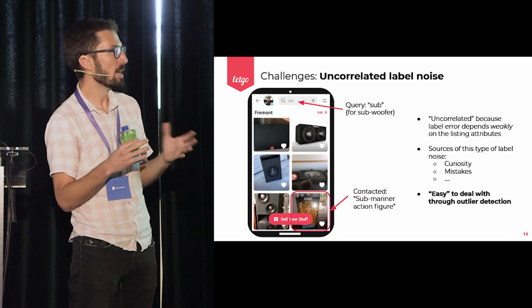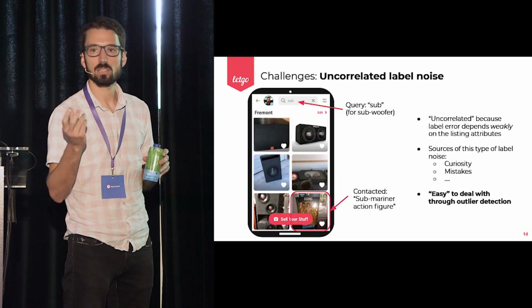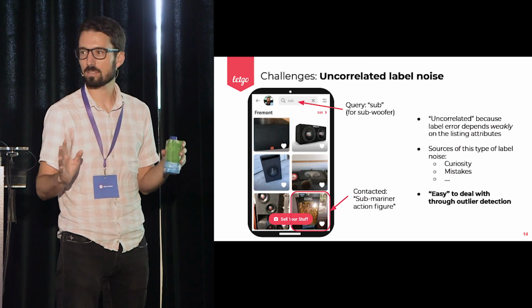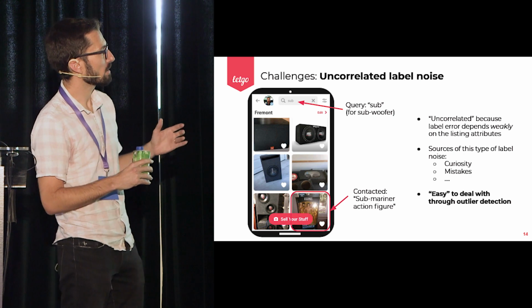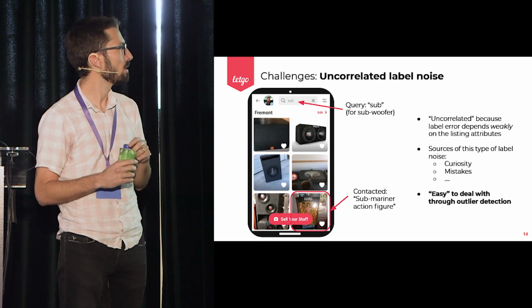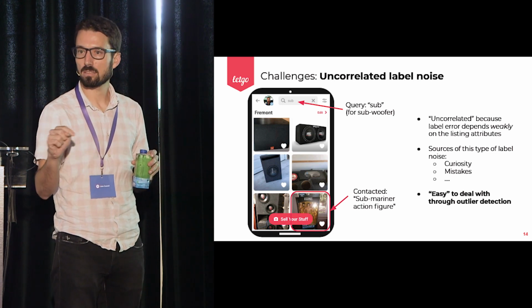Now, this error, this noise, is uncorrelated because the label error depends very weakly on the listing attributes, right? And we can discuss this later because it's a strong statement for very weak evidence. But my point is that the source of this type of label noise, of this type of erroneous annotations, is perhaps curiosity, mistakes due to the UX in the app, or other.